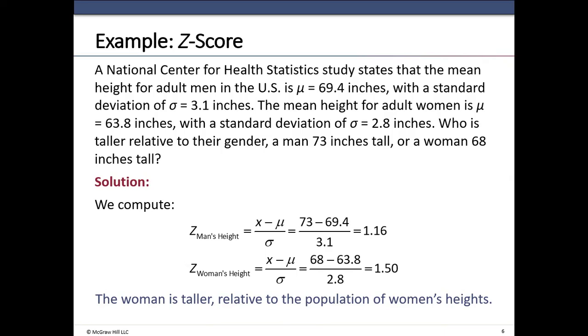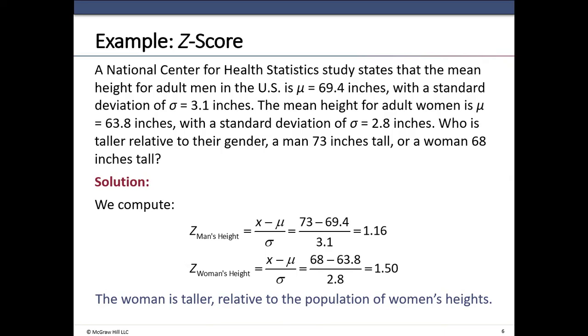We do the same calculation for the woman's height of 68 inches. Now, we convert that to a z-score. How do we do that? From the woman's height of 68, we subtract the woman's mean height of 63.8, divide that difference by the standard deviation in women's height, which is 2.8, and we get a number of 1.5.